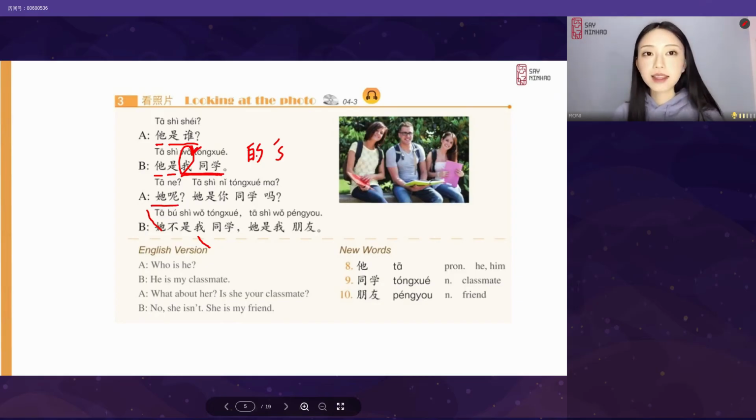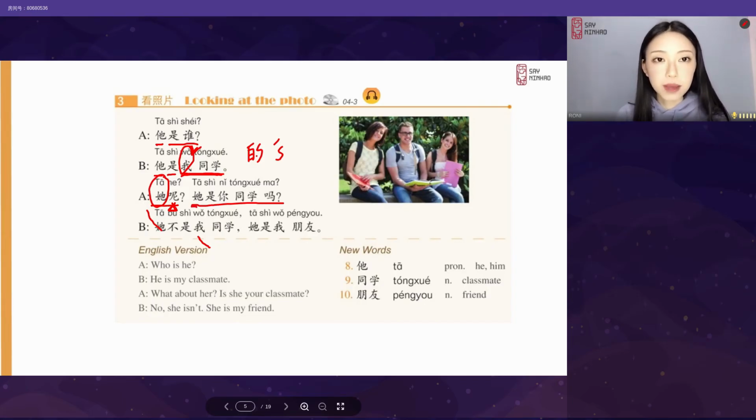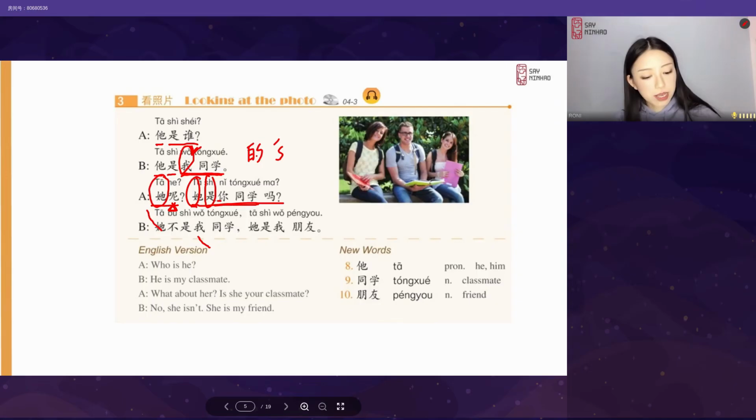Next sentence. 他呢? We learned 呢 is used to ask a question about something mentioned before, right? And before we were asking about someone's identity, and this identity question is about her. And in case this person doesn't understand this question, we asked another question. 他是你同学吗? 他 is she, 是 is, 你同学 means your classmate. 你 means you.